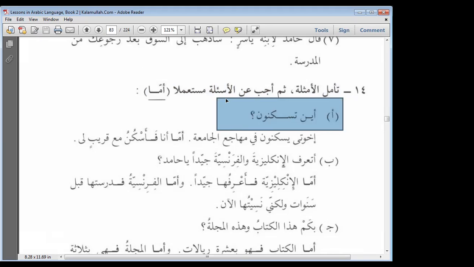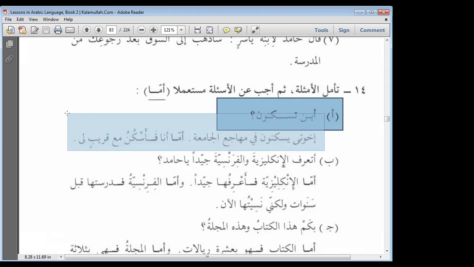It's plural here. If it were singular, we would say taskunu. But here we have taskununa: ta, sin, kaf, nun, then the waw of the plural, and then the nun. So it's second person, masculine plural, somebody speaking to a group of individuals. So let's look at the answer.